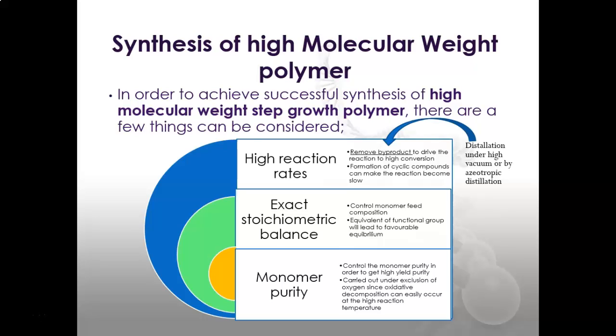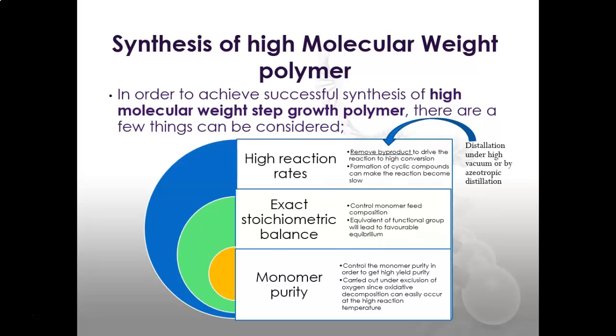And the formation of cyclic compounds can make the reaction become slow. The cyclic compound is also a type of byproduct, so we must eliminate the byproduct because we want to increase the conversion.